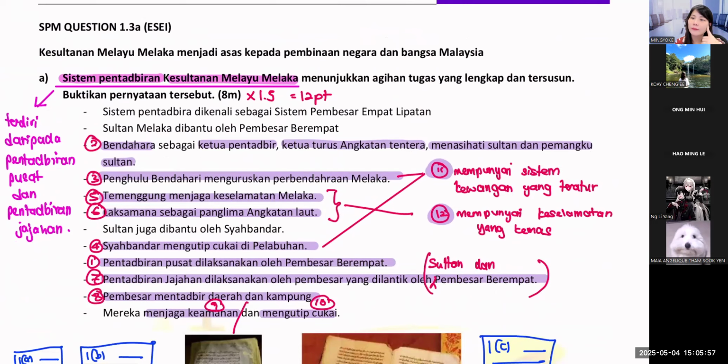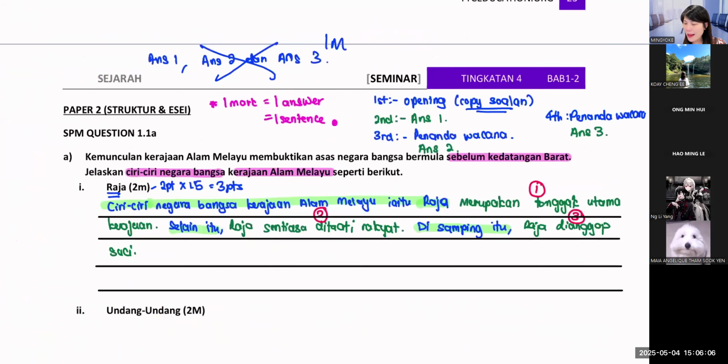No, sorry. We have to write undang-undang Laut Melaka. Cannot use undang 2. You look at the format, they don't even allow you to use a comma. You think they give you 2? Unless originally your book has the short name. But if they don't have, you cannot.